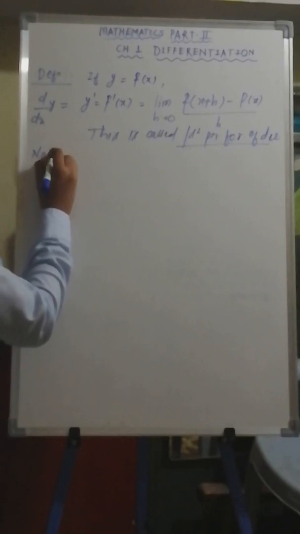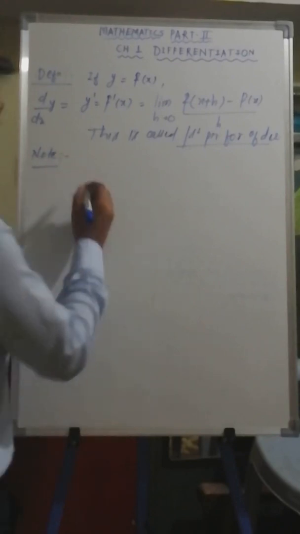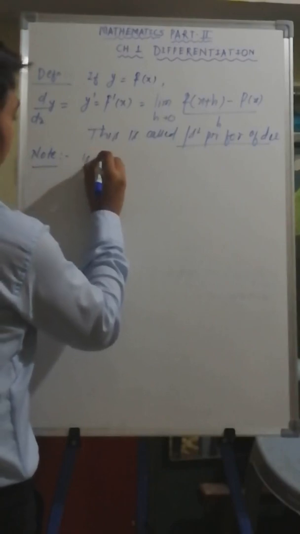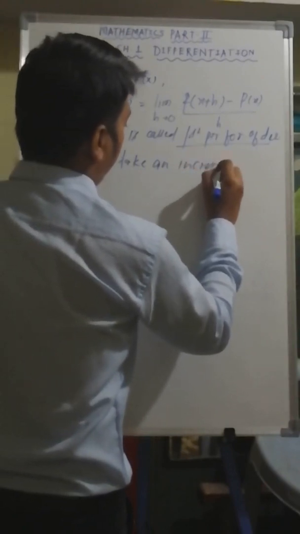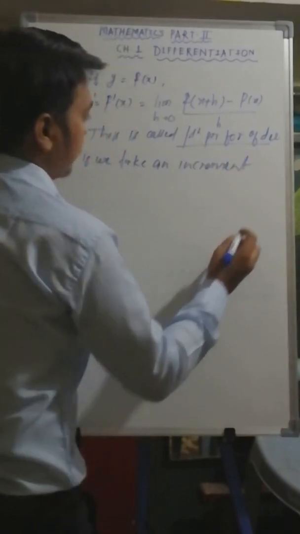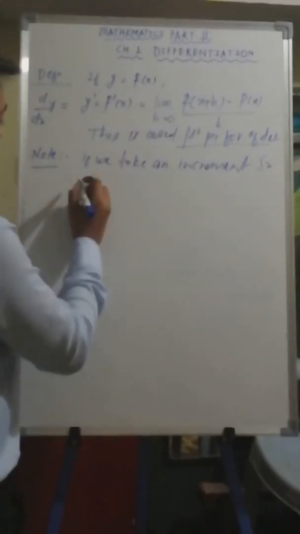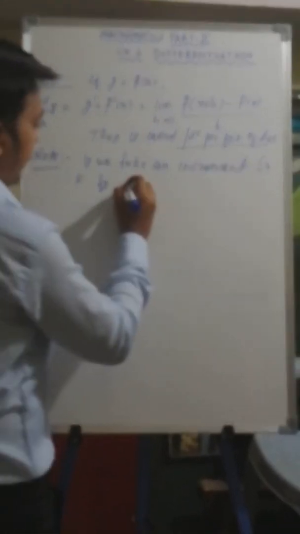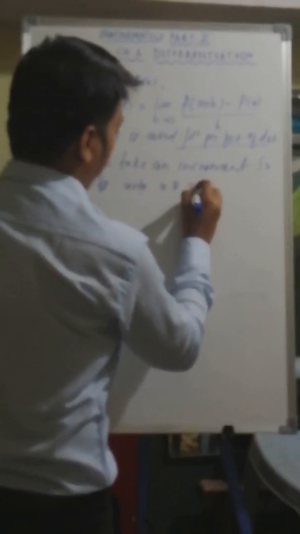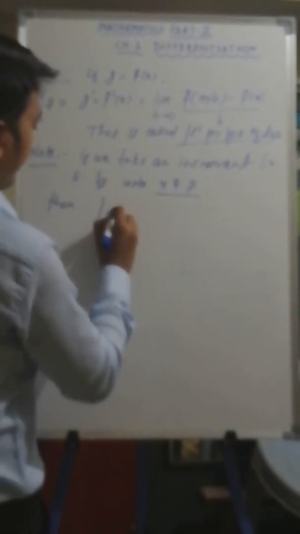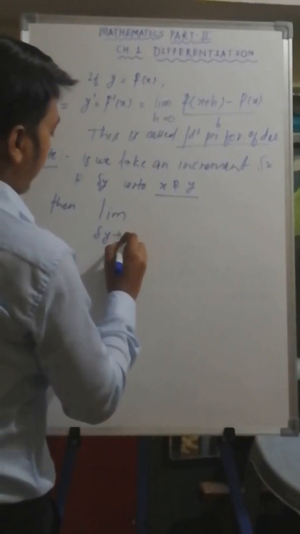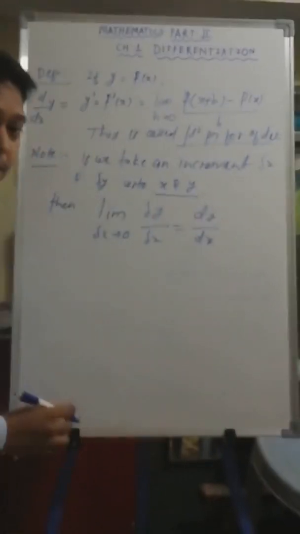Now we have one note. If we take an increment delta x and delta y with respect to x and y, then in limiting form we can write limit delta x tends to 0 of del y by del x is equal to dy by dx.